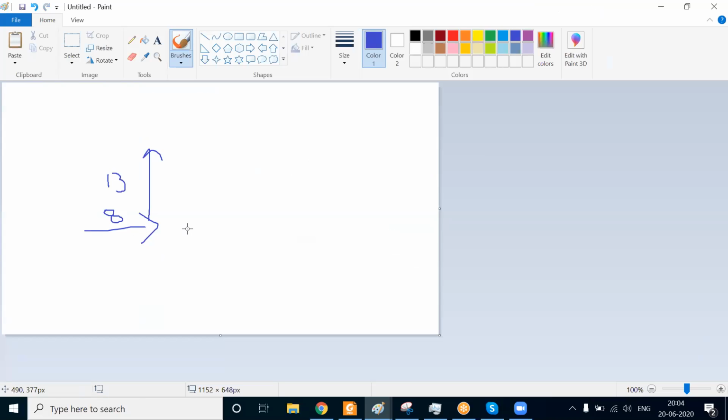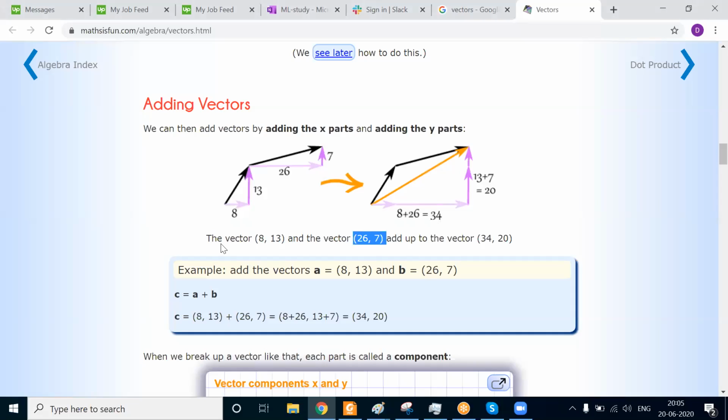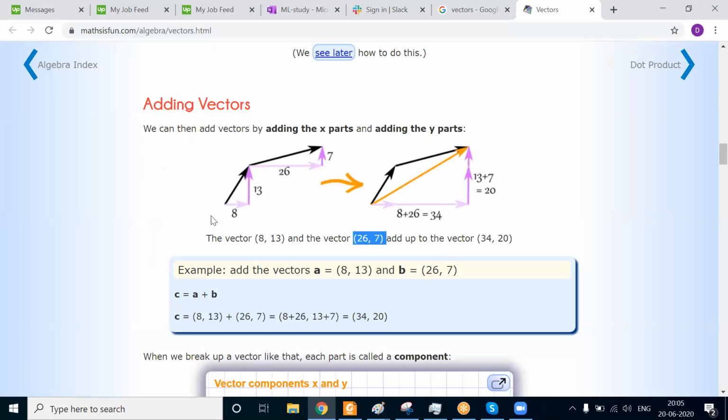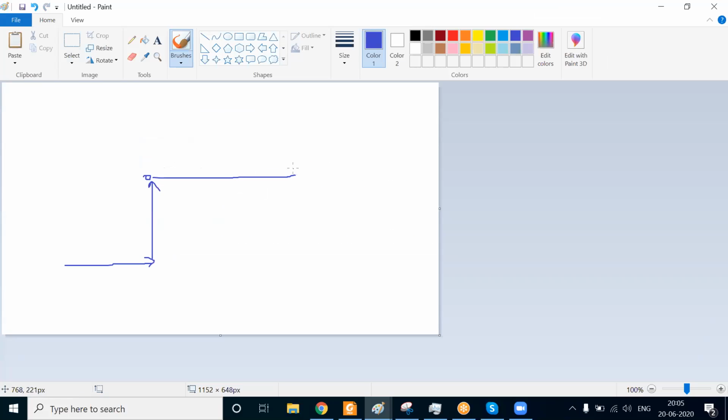Instead of this, let's have directions in a way that you can easily digest. So this is 1, this is 2. From the same point, I'm going to have the vector 26 and the vector 7 like this.